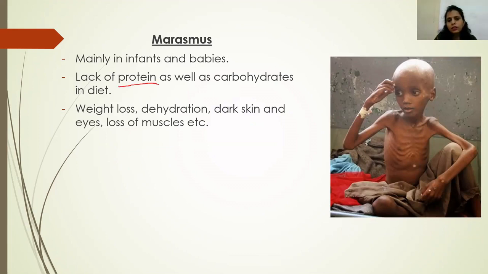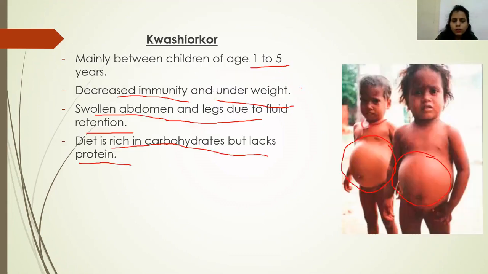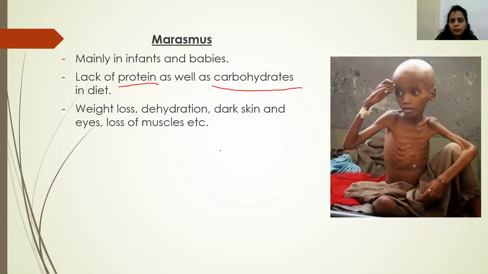This is important, so keep it in mind: in Kwashiorkor the diet is rich in carbohydrates but lacks protein, but in Marasmus both protein and carbohydrates are not present in the diet.